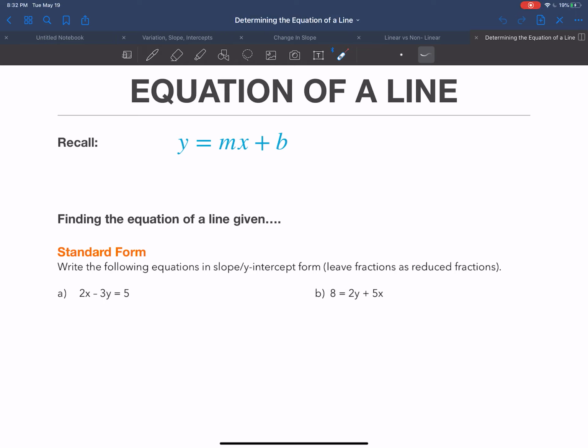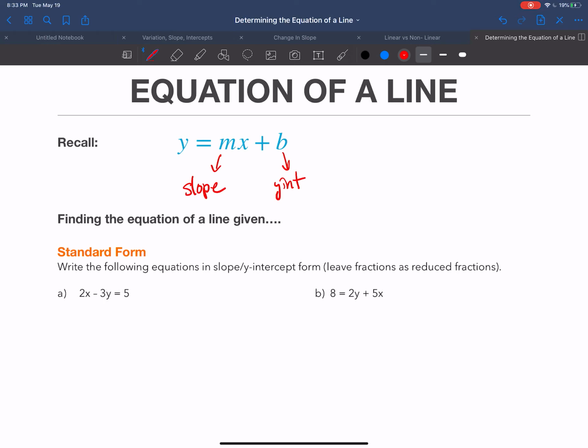Okay, we're looking at ways to find the equation of a line, and there are going to be different ways depending on what information we have to begin with. So just remember that the equation is y equals mx plus b, where m is our slope, b is our y-intercept, and x and y are just points that are on the line.